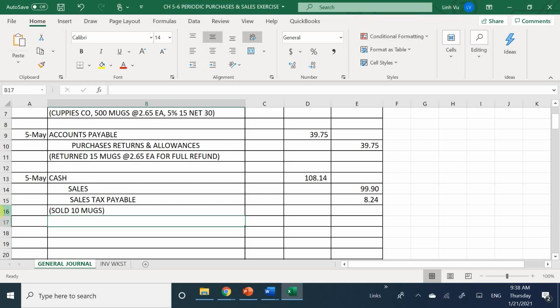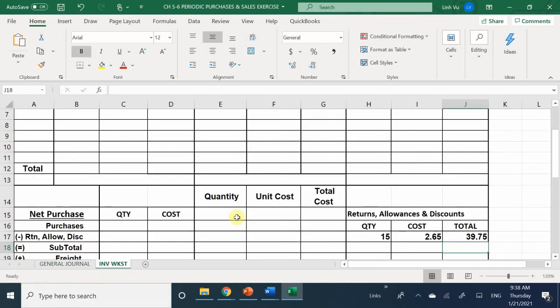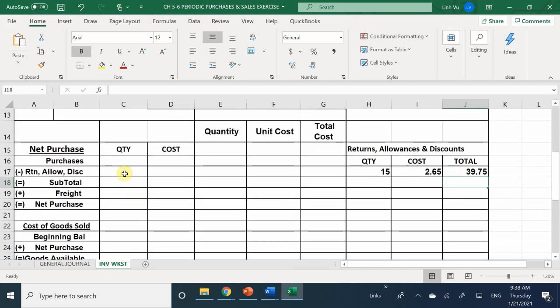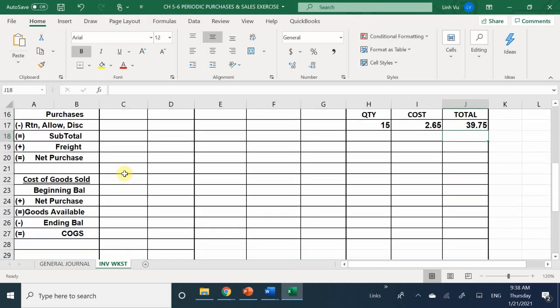Why do you think sales affects the inventory worksheet? Let's look at the inventory worksheet. Where do we record our sales? Cost of goods sold.